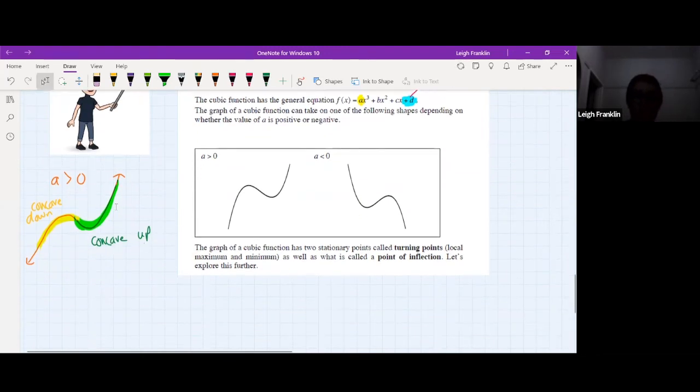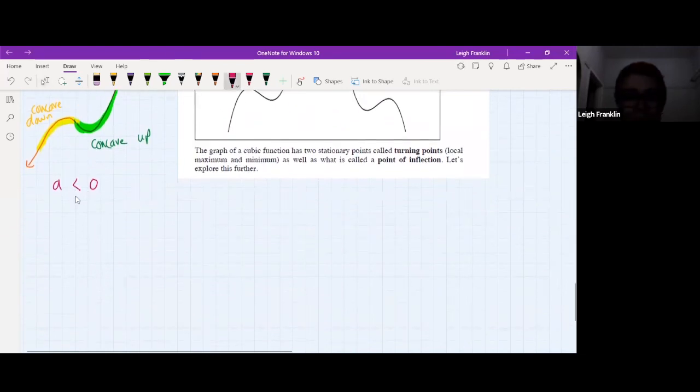If a is negative, then the graph is first concave up and then concave down. So it kind of does that. The other way that you can look at this is that it has been reflected over the x-axis.